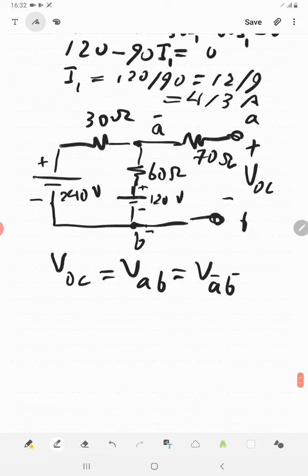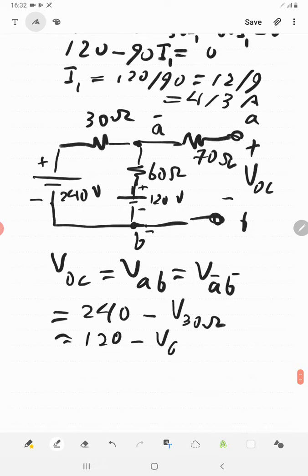And this is simply equal to the 240 volts, which is E1, minus V30, which is also 120 minus V60 ohms. So if we take this 240 and the 30 ohms, this is the voltage.